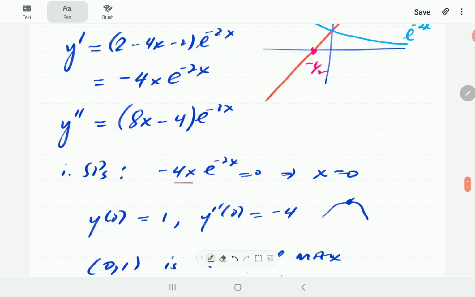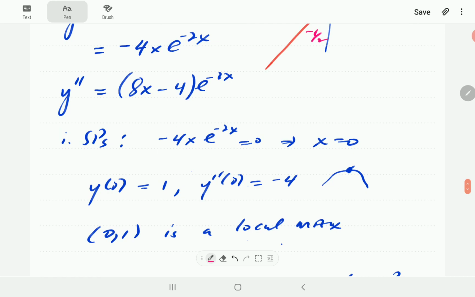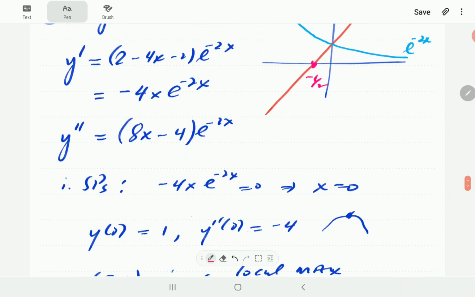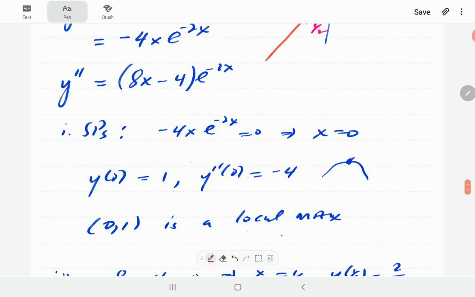If we take this and equate it to 0, we find that the stationary point is at x equals 0. If I plug into the y, that gives us the y-intercept as 1. And of course, we expected that because both of them go through (0, 1).